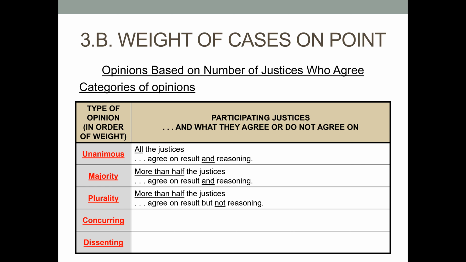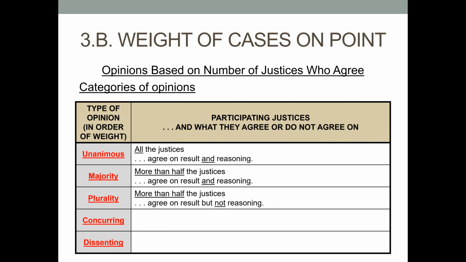So the plurality opinion works in a similar fashion. It's where you have more than half the justices that agree on the result, such as to affirm the lower court's judgment, but you don't have more than half agreeing on the reasoning. So it carries a little bit less weight than a majority opinion, because even though you have a majority agreeing on the result, there's not the same level of agreement on how legally you got to that result.